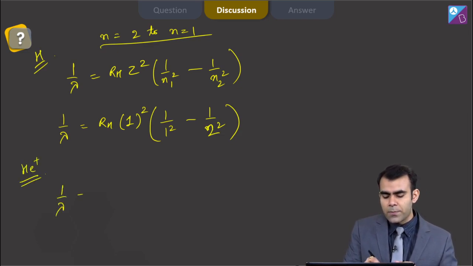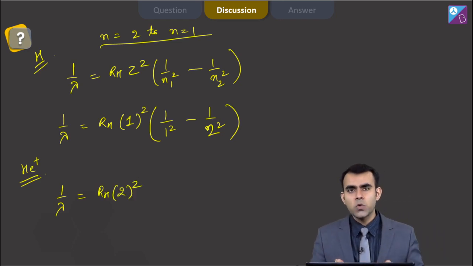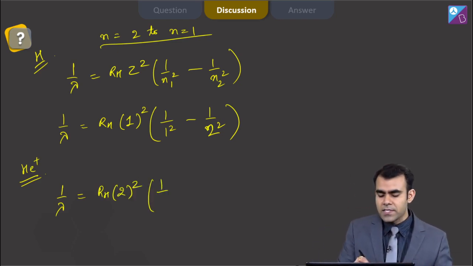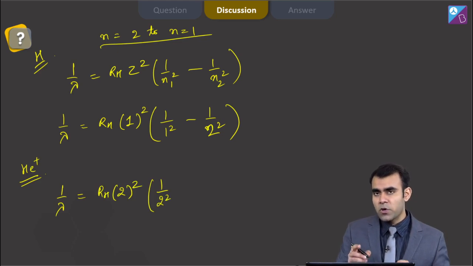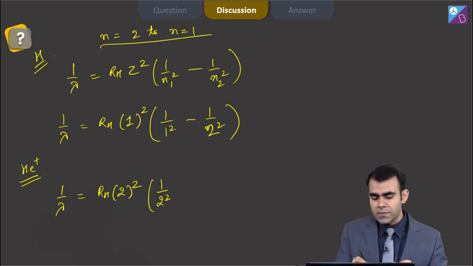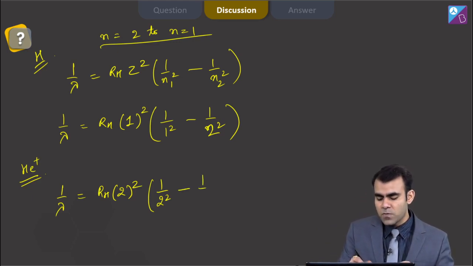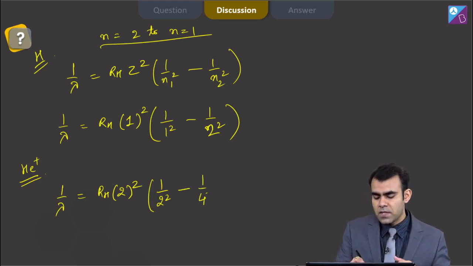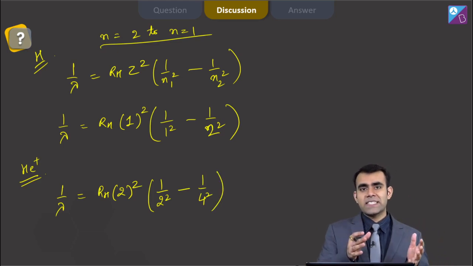Then 1 upon lambda is RH, Z is 2 for helium, and this is 1 upon 2 square, because I am saying that the transition 2 to 1 is the same as that of 4 to 2 in helium. So we are just verifying that whatever we are saying is correct.